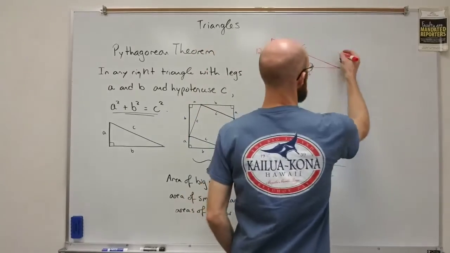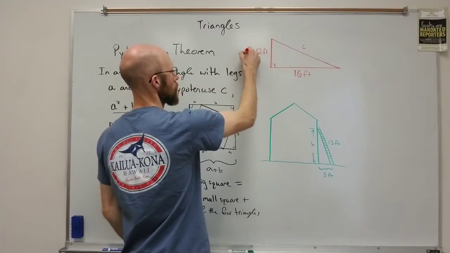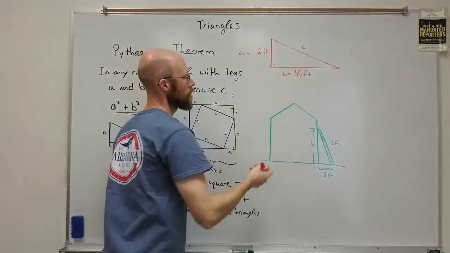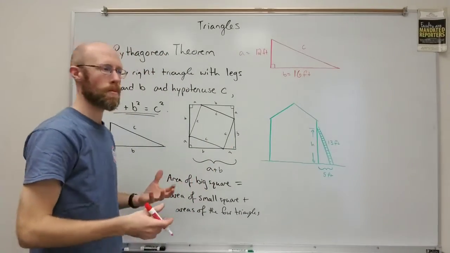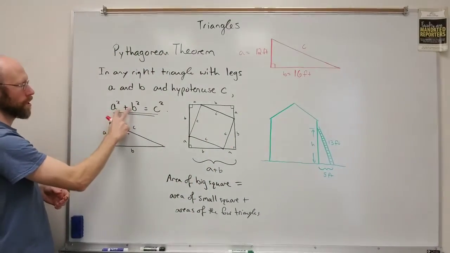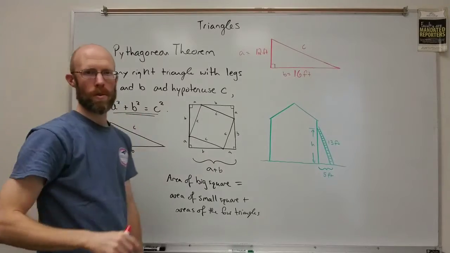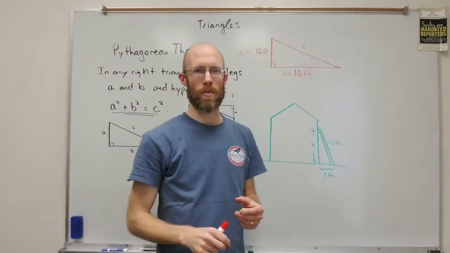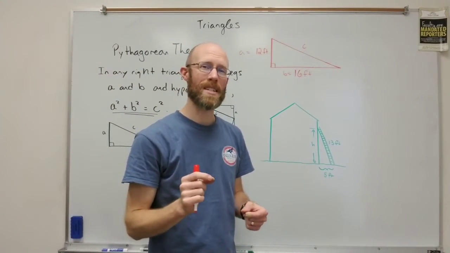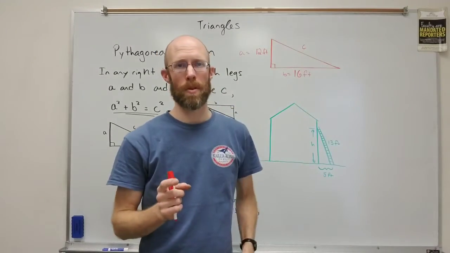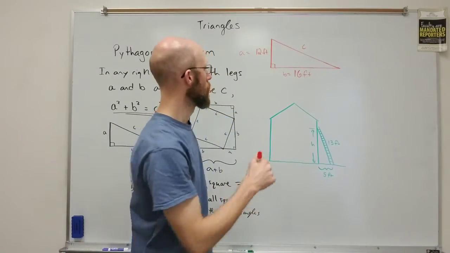I would label these A and B, probably. It doesn't matter, it's arbitrary, because around the plus sign you can switch those. It doesn't really matter which one's which. The C is important. C has to be the hypotenuse. That one we don't have a choice, but the legs are arbitrary.